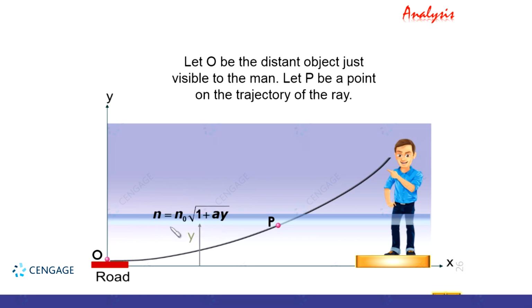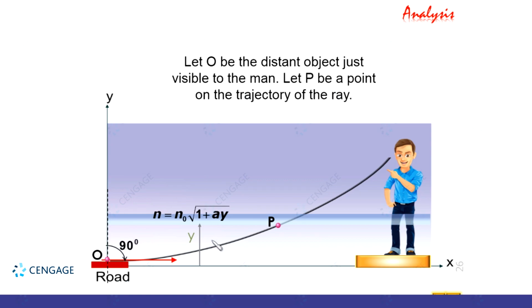Okay. Now let us take this point O, and if I draw tangent at this point, this tangent will give the direction of the ray like this, and if I draw normal passing through point O, we can get the value of angle of incidence of this ray at this point.